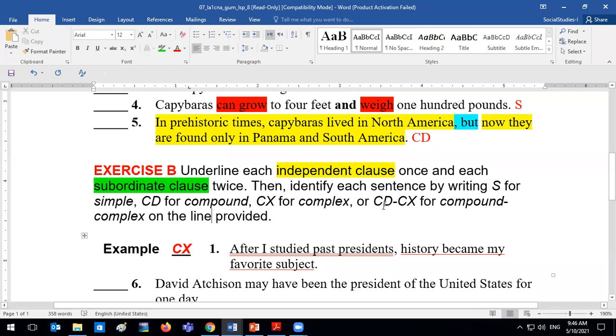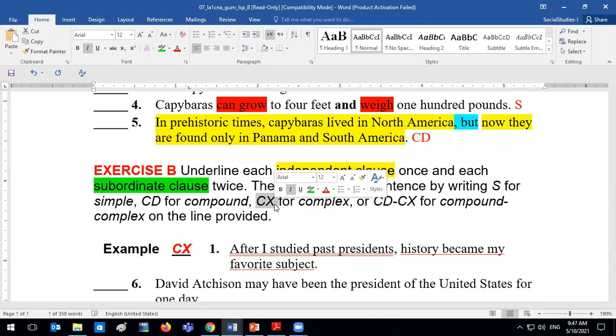A compound complex sentence means that you have a compound sentence, that means two or more independent clauses joined by fanboys or a semicolon, but you also have a subordinate clause included. So this one is the most intense type, because you have a lot in it. Again, a complex sentence has one independent clause and one or more than one subordinate clause. Your subordinate clauses start with your subordinate conjunctions or your relative pronouns. Let's keep that in mind.